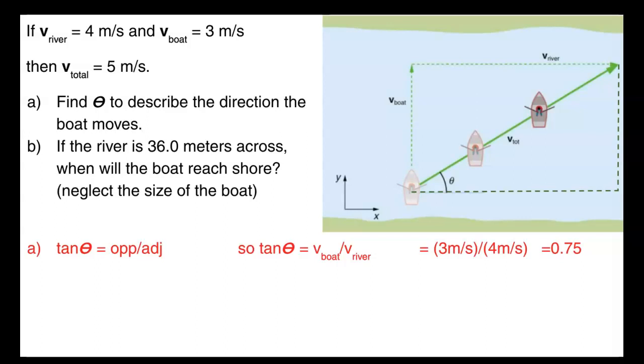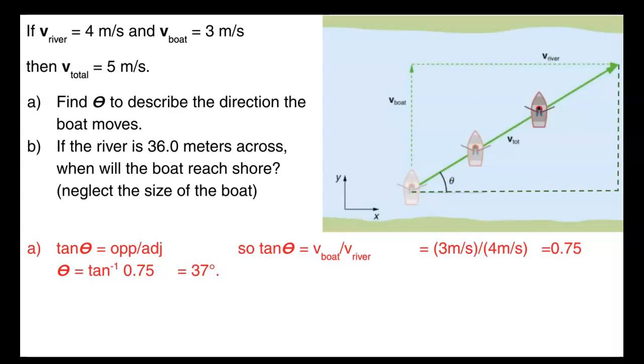But what you want to do instead is take your calculator and say inverse tangent, which is usually second button and then the tangent button. Inverse tangent 0.75. It'll often put parentheses around it, which I have neglected to do here. And then you just hit enter, and it will tell you what angle gives you a tangent of 0.75. That angle is 37 degrees.